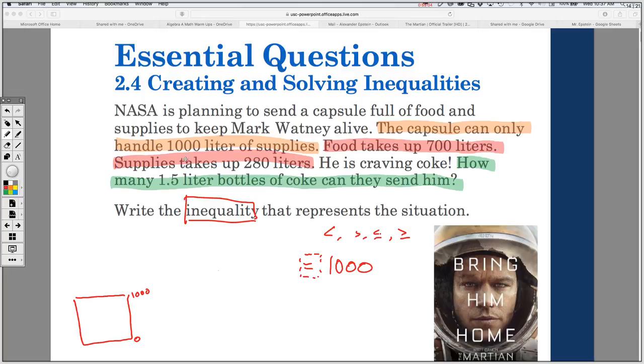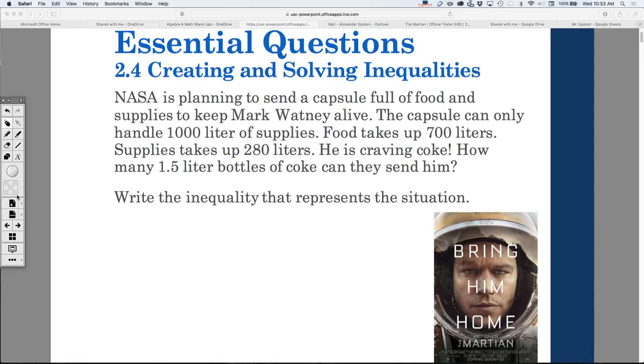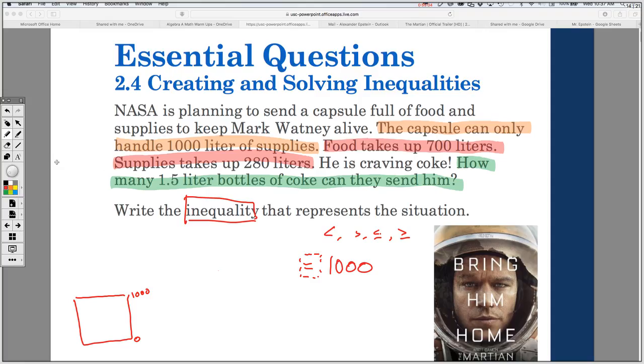Okay, we can kind of make sense of this without the equation. Basically, if I am just highlighting the important things, you have 700 liters, 280. These are the things that are actually known. So if I say, all right, 700 is about right here, and this is out of 1,000.